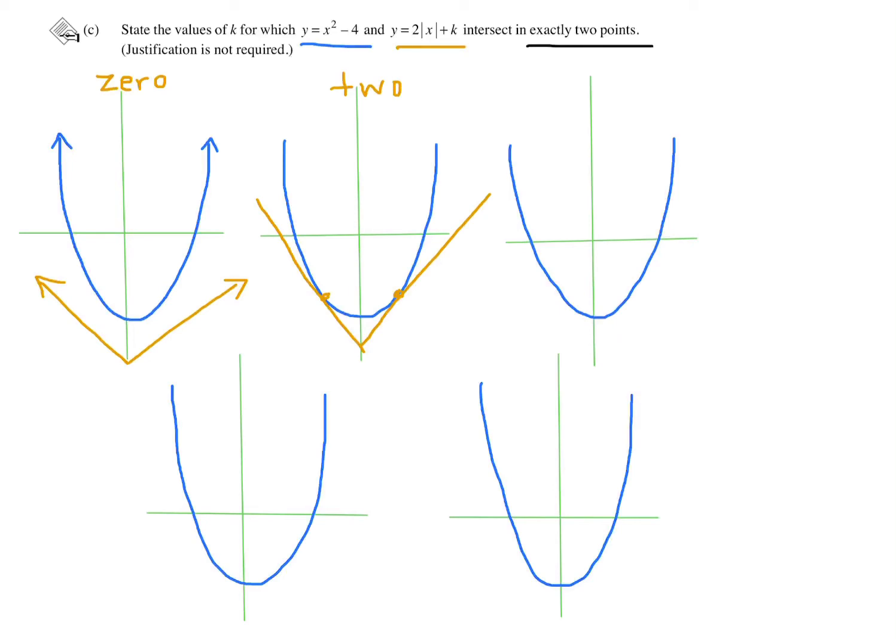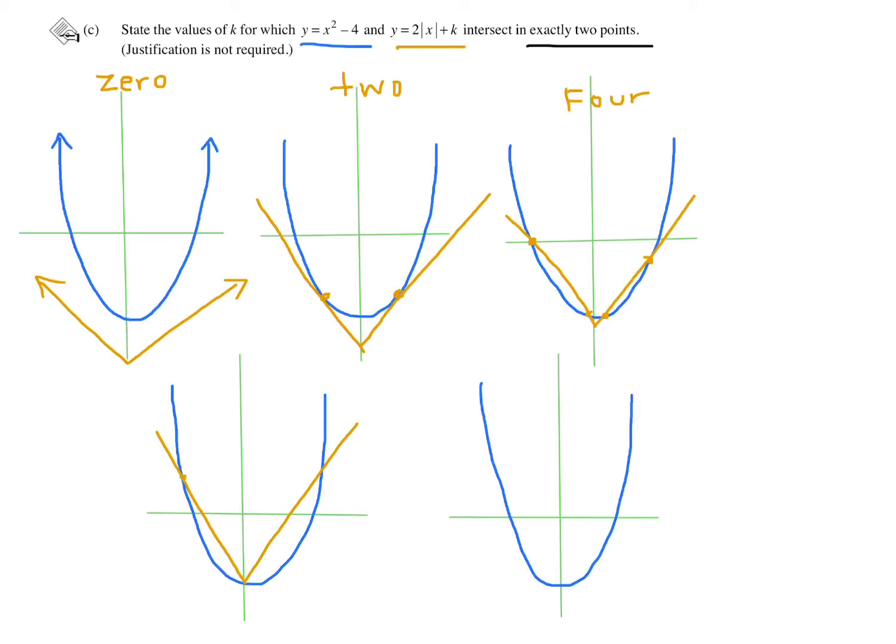The next one is a scenario that's like this. I apologize for the bad artistry. But if you notice, this one has 1, 2, 3, 4 intersection points. But we don't need to worry about that. But it's important to understand that can happen. And then another scenario is right here. Like that.